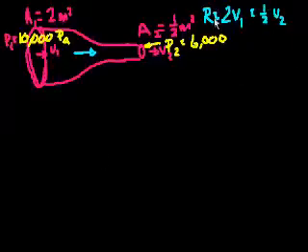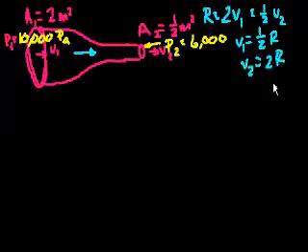And then we could rewrite this: v1 is equal to 1/2 R, and v2 is equal to 2R. So this immediately tells us that v2 is coming out at a faster rate, just based on the size of the openings.